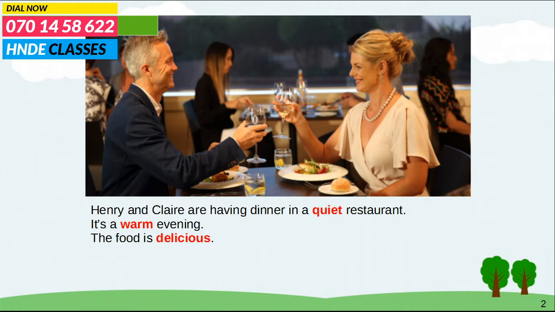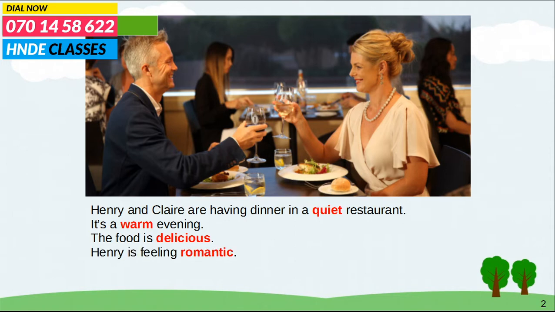The food is delicious. Here, the noun, the food, is being described as delicious by the word delicious. Since the function of the word delicious is to describe the food, the noun, delicious becomes an adjective in that sense.